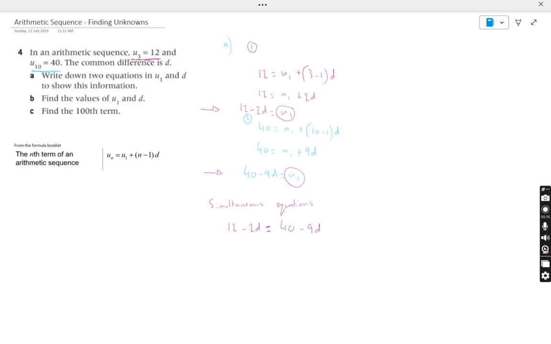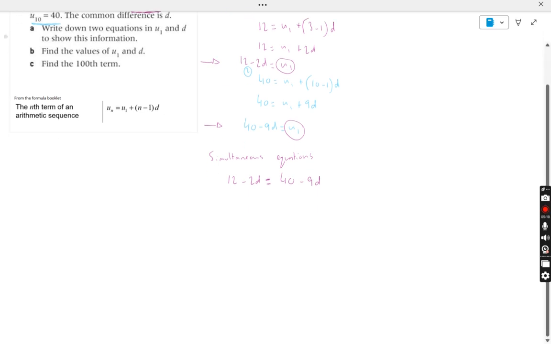Okay, let's do some rearranging. Let's get the 40 to the other side. So 12 minus 40 is negative 28 equals, let's move the negative 2D to the other side. So negative 9 plus 2D is negative 7D.